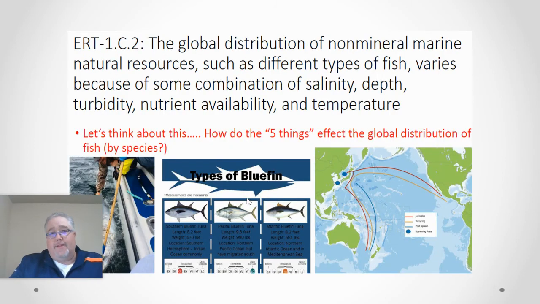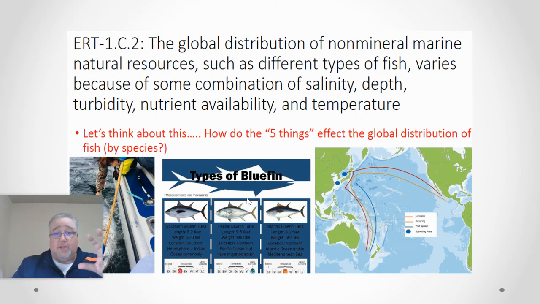And really, all of this is important because, what's in the ocean? There are resources that we use. Let's think about fish, for example. If you're a fisherman, you have to find the fish. And fish depend on salinity, they depend on temperature, they depend on food, all these things that we just talked about.